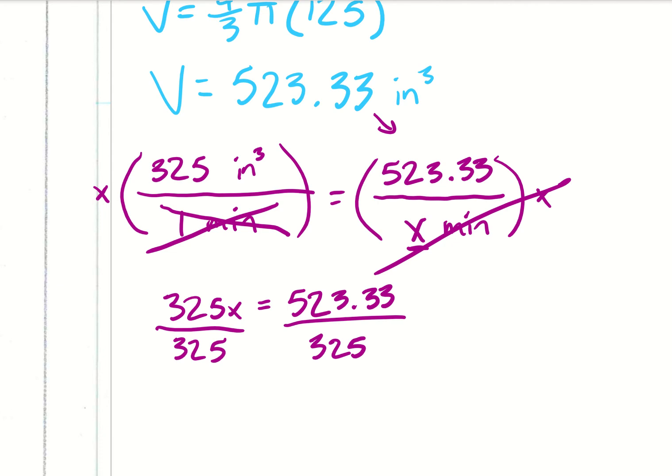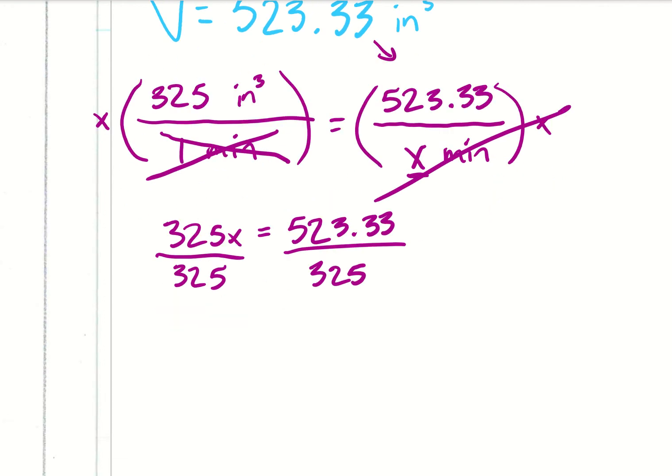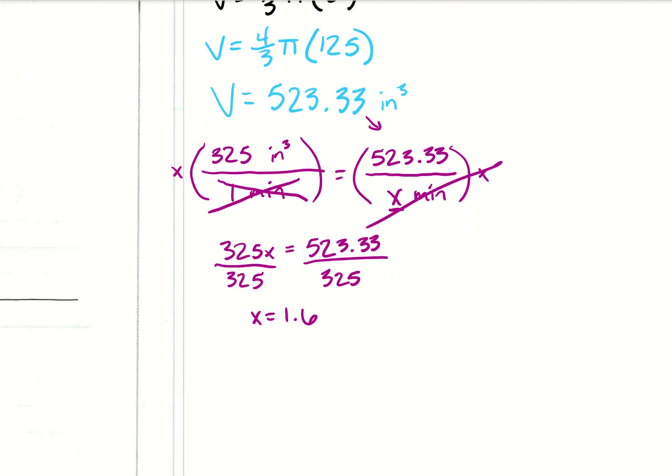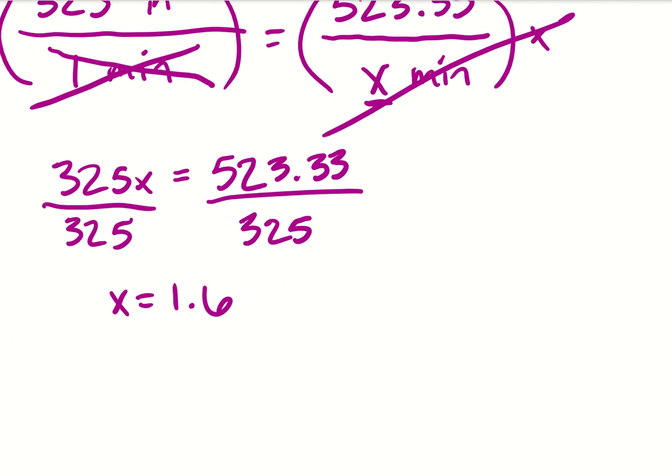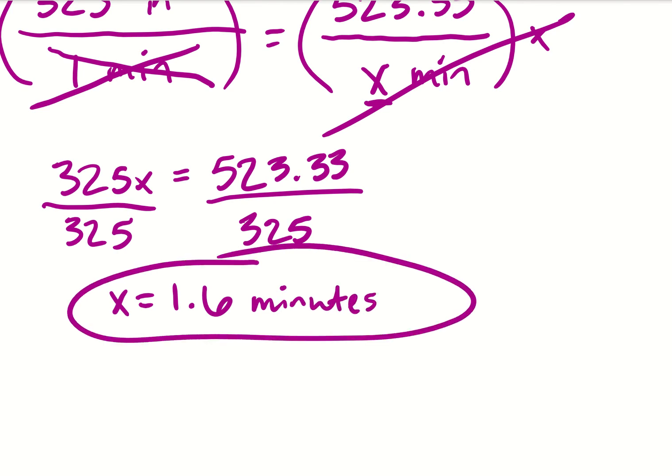When I do that, I get 523.33 divided by 325. I type that in my calculator and I get X is about 1.6. That's going to be in minutes, so it's going to take about 1.6 minutes to inflate the volleyball.